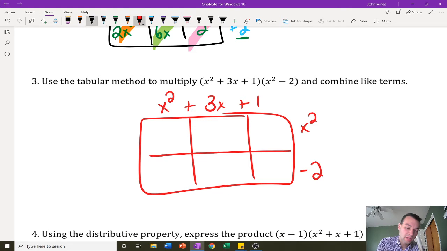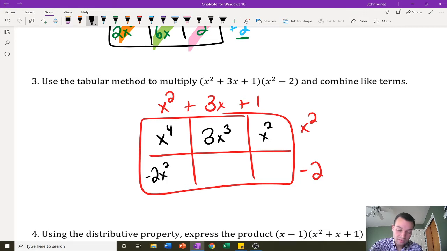And now we just find the product. X squared times x squared is x to the 4th. 3x times x squared is 3x to the 3rd. 1 times x squared is just x squared. Now I'm going to distribute through this negative 2 into this trinomial. That gives me negative 2x squared, negative 6x, negative 2.